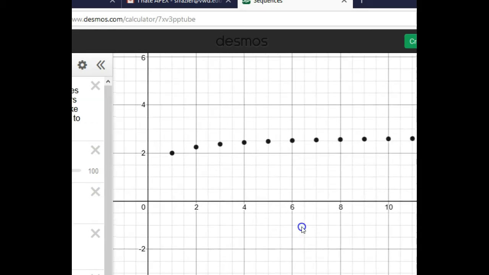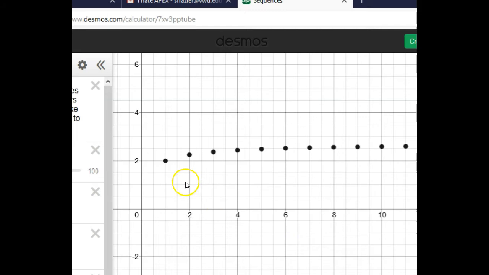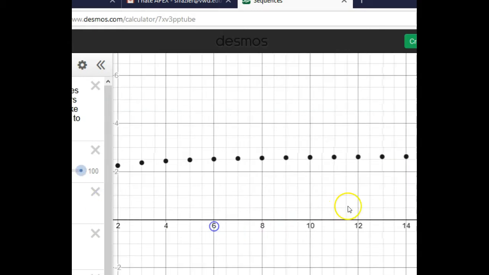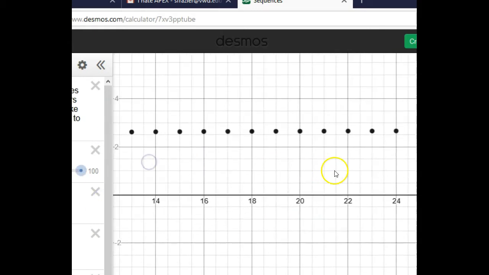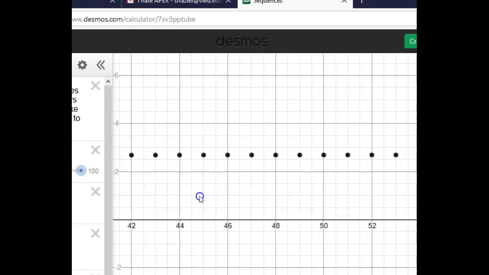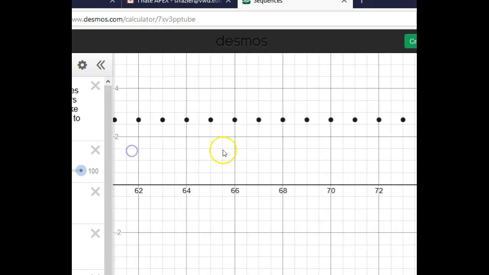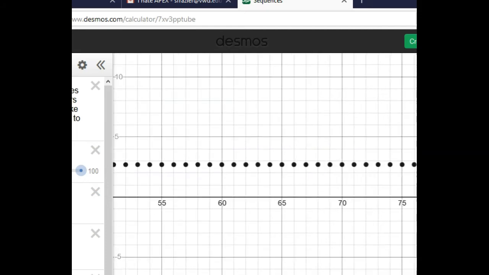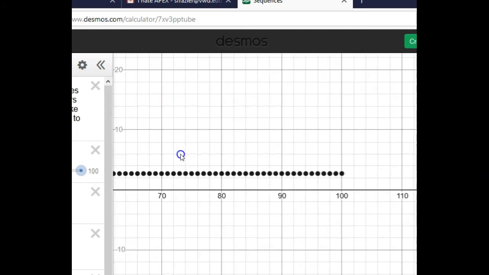If we take a look at the terms in our sequence here, it looks like they're leveling off. In fact, this number is 2.604. Let's go out to 100 terms and see where it's going. You can see here it's converging to this horizontal line, and the very last term is 2.705.